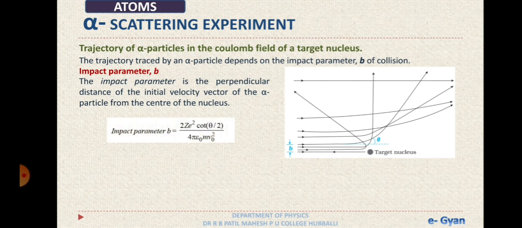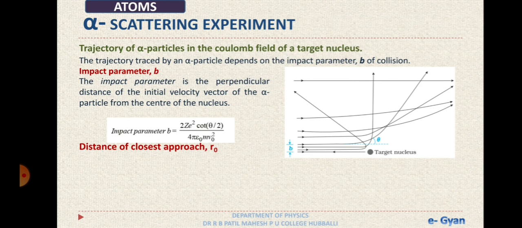The impact parameter is given by the equation b = Z e² cot(θ/2) / (4π ε₀ m v₀²), where Z is the atomic number, e is the charge of the electron, θ is the scattering angle, ε₀ is the permittivity of free space, m is the mass of the alpha particle, and v₀ is the initial velocity, the velocity with which the alpha particle is made to travel towards the nucleus.